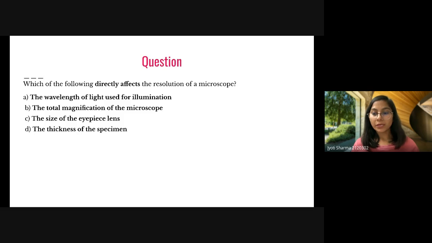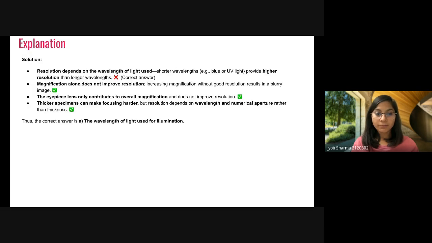If you want to increase or decrease the resolution of the microscope, which variable has a direct impact on the resolution? The wavelength of the light used for illumination has the direct effect that will affect the resolution of the microscope.